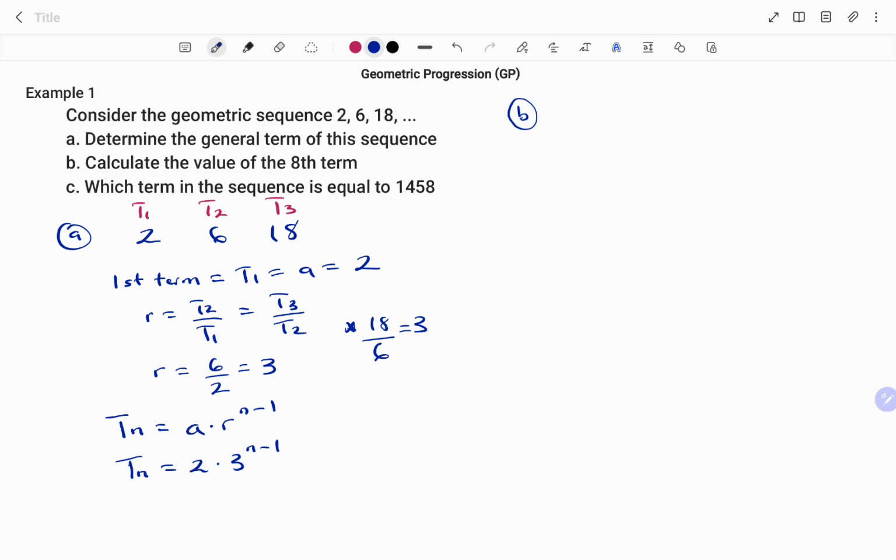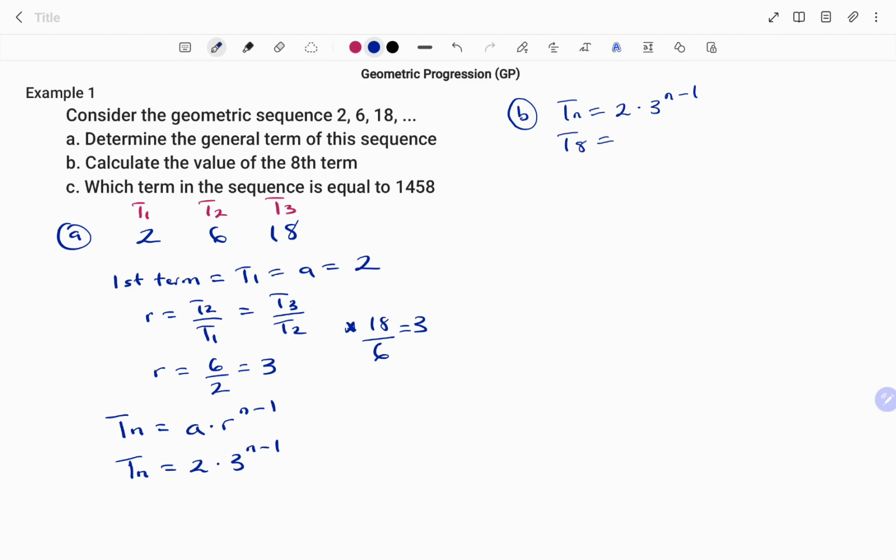The second question says calculate the value of the 8th term. Starting with my general formula, I have Tn equals first term 2 times 3, my common ratio, to the power of n minus 1. To find the 8th term, my n is going to be equal to 8.